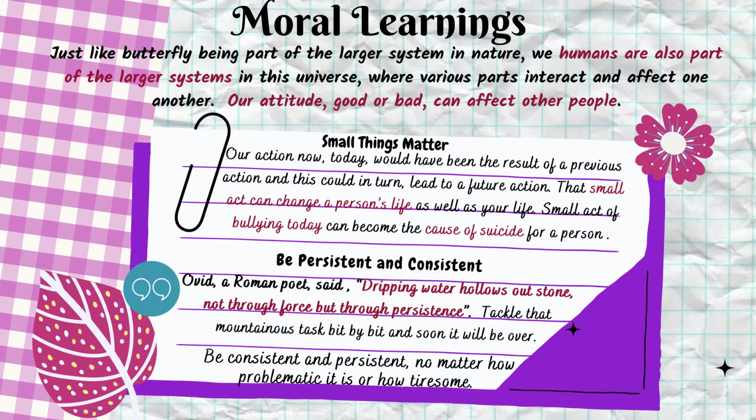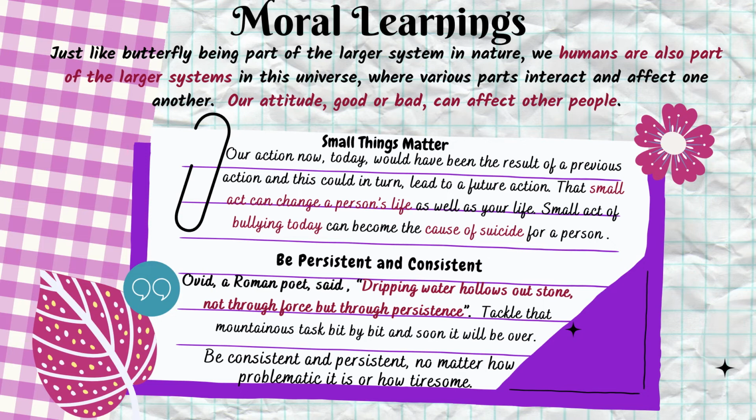We can learn a lot from the butterfly effect. Just like the butterfly being part of the larger system in nature, we humans are also part of larger systems in this universe. We're part of our families, and of the world. So we all interact with each other, we affect one another. Our temperament and our behavior affect each other.